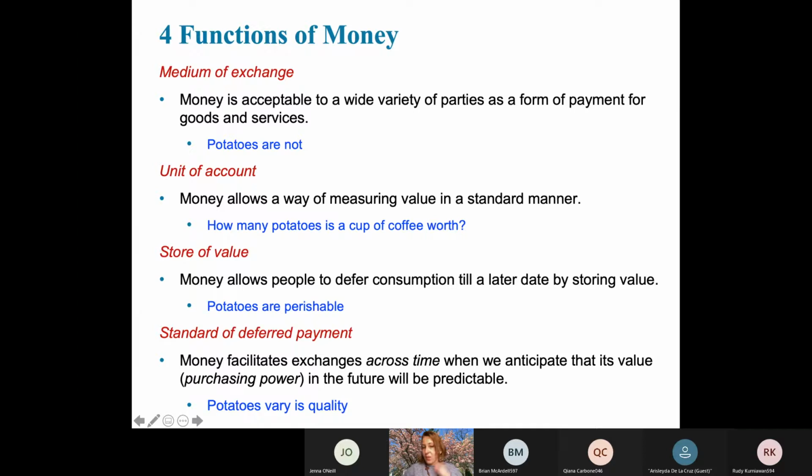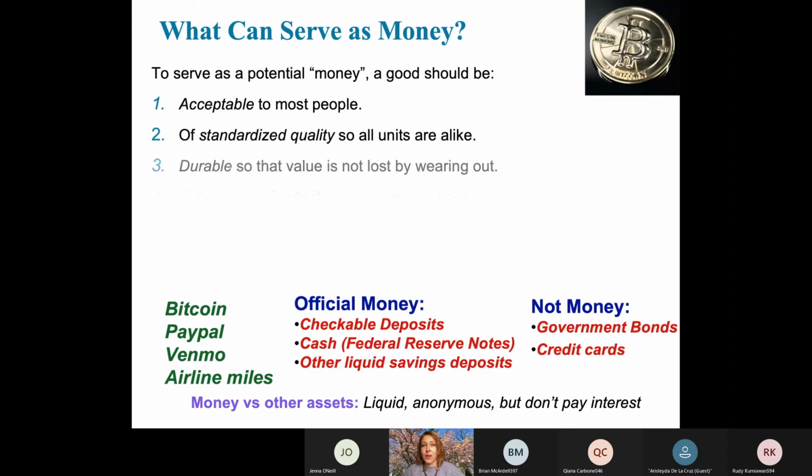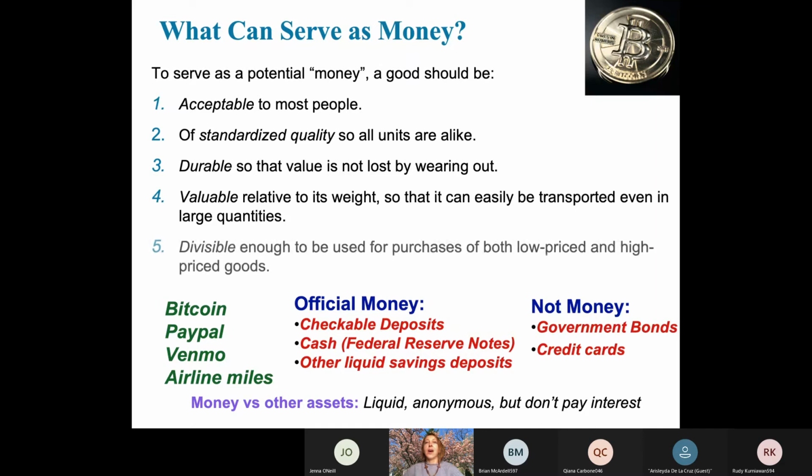So whereas for things like paintings, like Van Gogh paintings, or even the same old potatoes, the value is less predictable for the future.